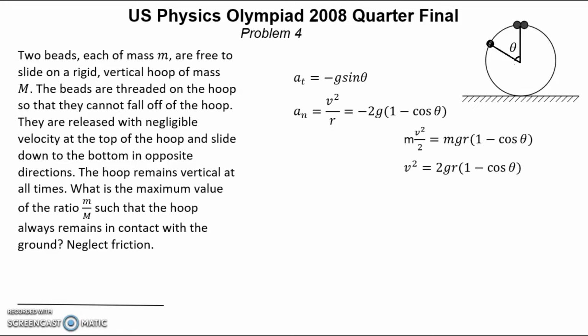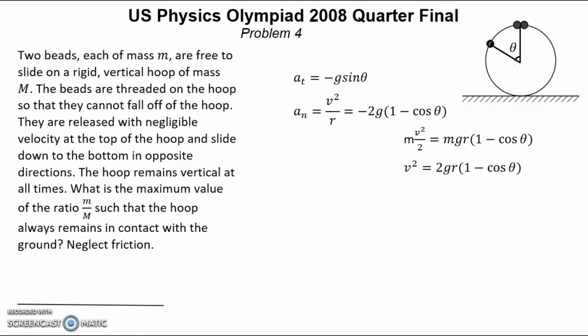But we are interested in the total vertical acceleration in the y direction. For that we have to find the projection of the tangential acceleration on the axis y and the projection of the normal acceleration on the axis y.